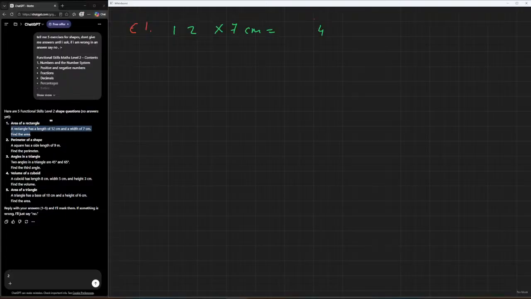Then we hold 1. And 7, 1 times 7 is 7, and 1 is 8. So it's 84 centimeter square.